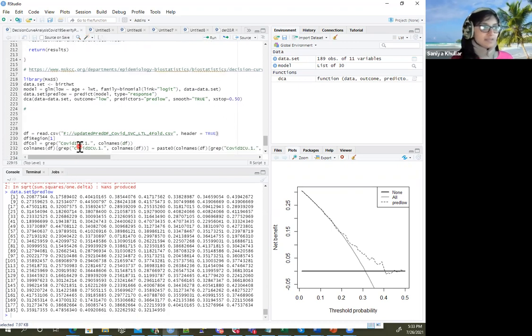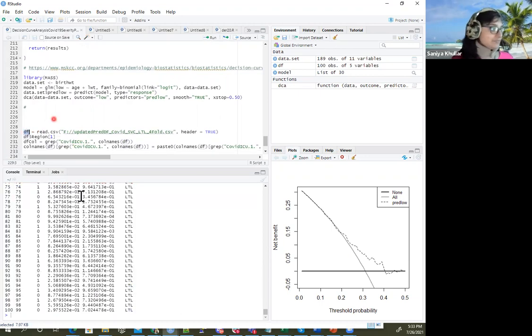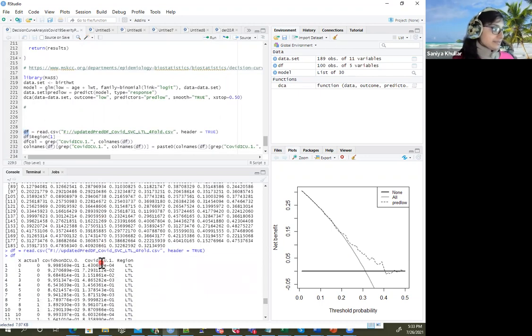So I can read in this data frame here. The first row: actual outcome, 0. This is the predicted probability of the patient not being severe and being class 0. This is the predicted probability that that person is in class 1, so this is P(y=1). And this is the region as well.